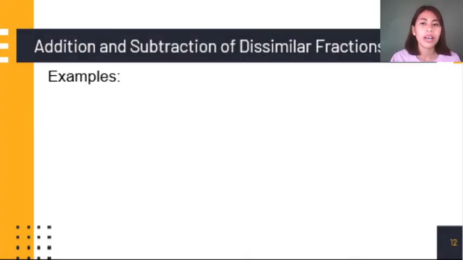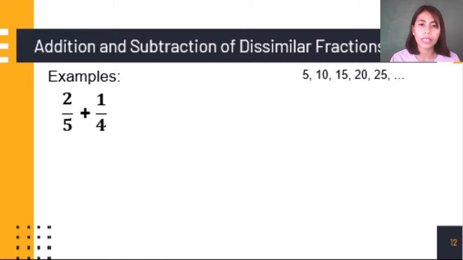Now, we have the example 2/5 plus 1/4. So first, we need to find the least common multiple of the denominators, which are 5 and 4. For 5, we have 5, 10, 15, 20, 25, and so on.